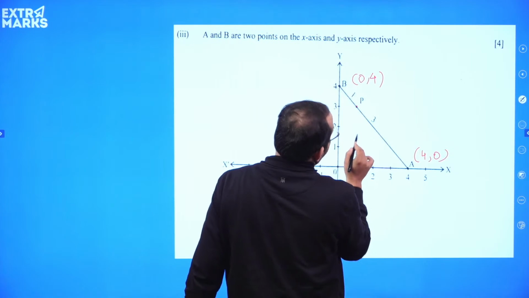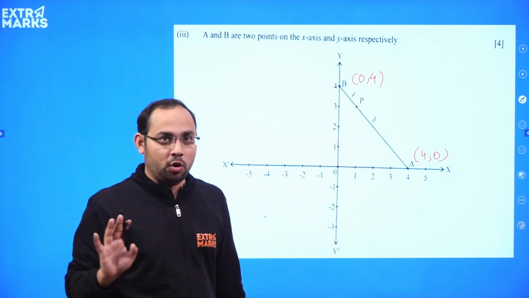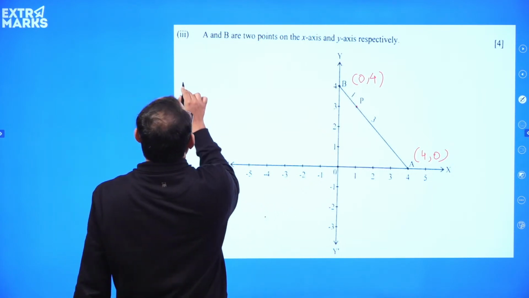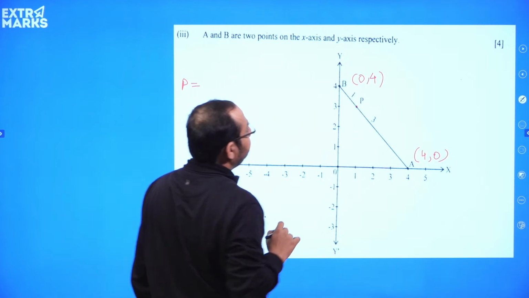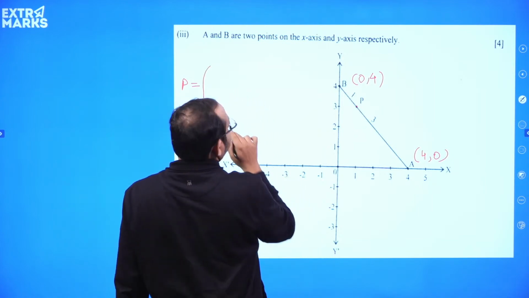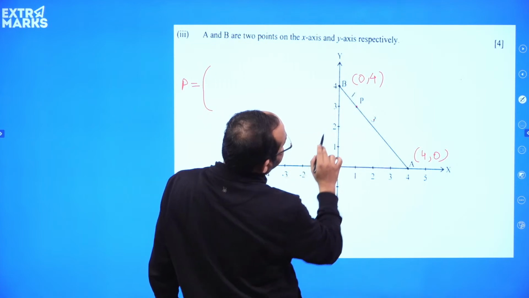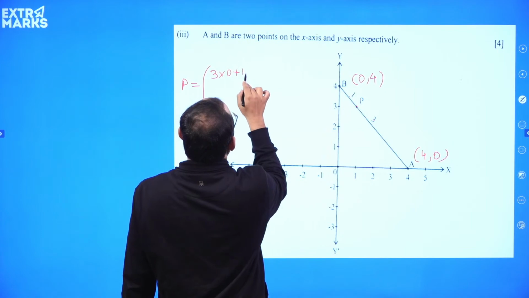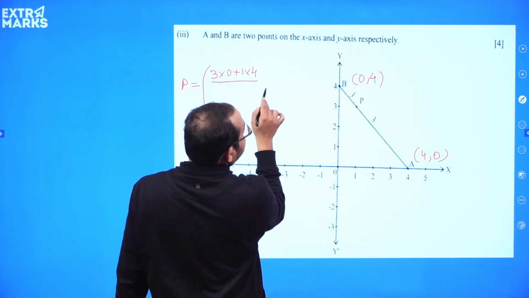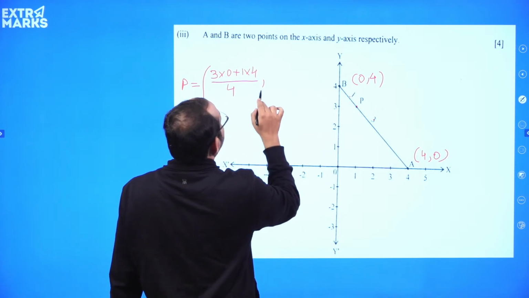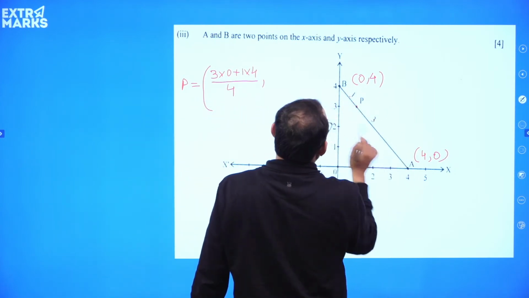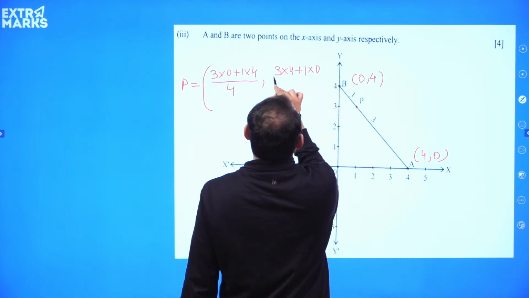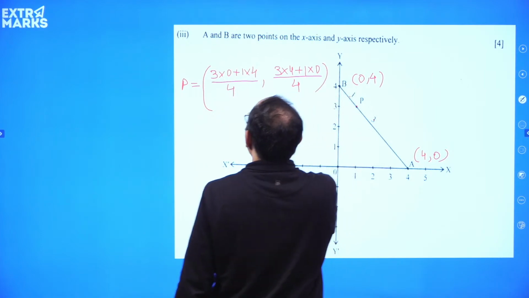Then point P is dividing in 3:1. Okay, so I will solve it here only. I will directly apply the section formula and tell you the coordinates of point P are: first the x part, so 3 into 0 plus 1 into 4, divided by 3 plus 1, that is 4, comma, then 3 multiplied by 4 plus 1 multiplied by 0, divided by 3 plus 1, 4.